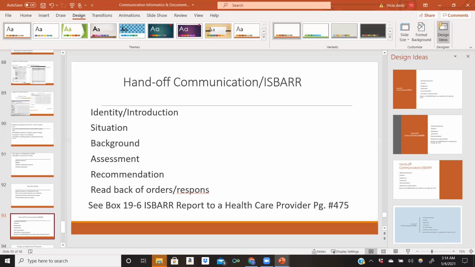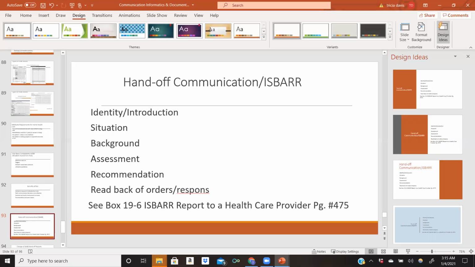So ISBAR is identify and introduce, communicating who you are, where you are, and why you're communicating. Situation is communicating what is occurring and why the patient is being handed off to another department or unit. You give the background, what led up to the current situation, and put it in context if necessary.